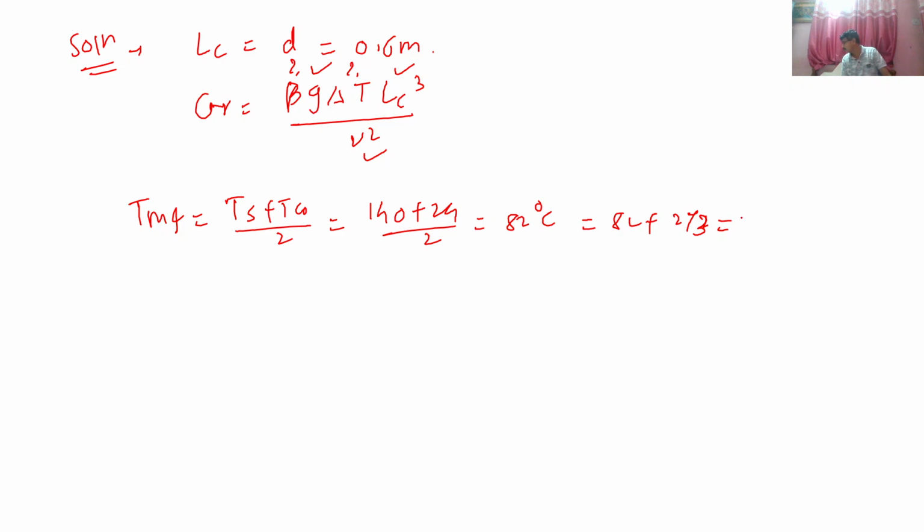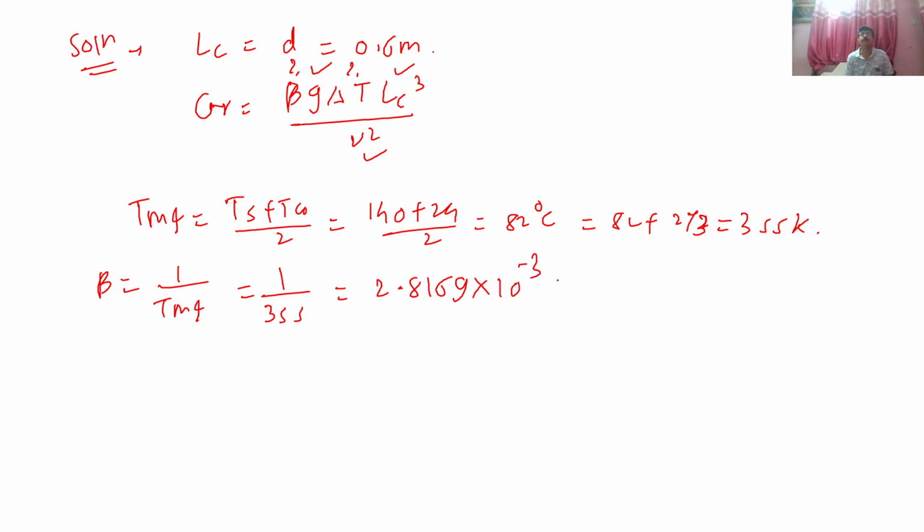It comes around 355 Kelvin. Okay. So what is beta? It is 1 upon TMF in Kelvin. So 1 upon 355. The answer comes around 2.8169 into 10 raised to minus 3 Kelvin raised to minus 1. ये हुआ बीटा. तो I think ये क्वेश्चन मार्क गायब हुआ.